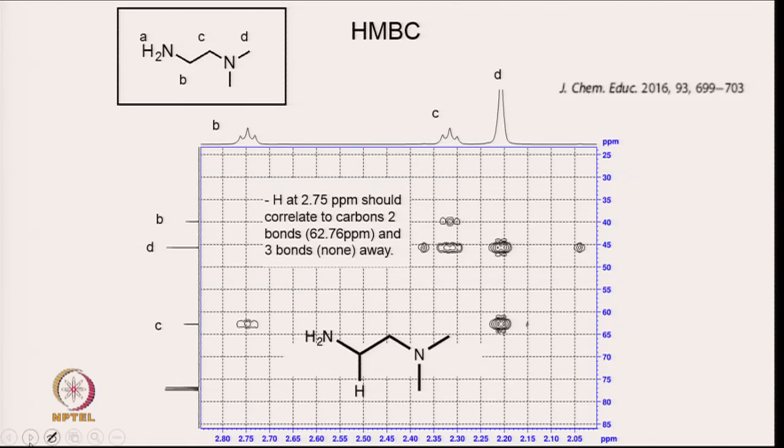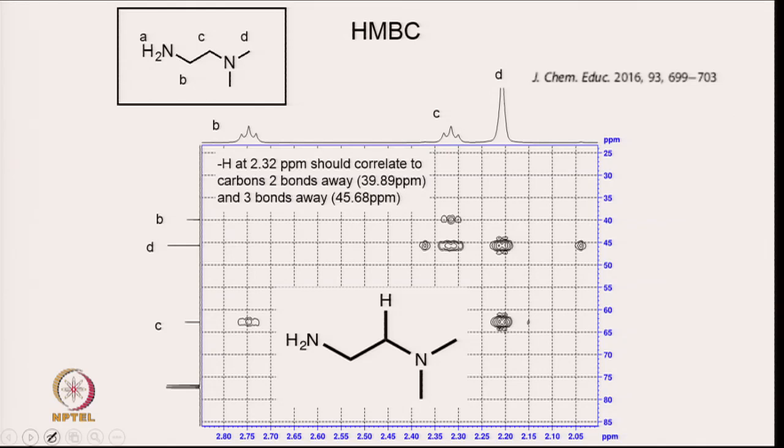Now you see this is your HMBC for this compound, your B, C, D. Now you can see that this C is correlated to B, since it is one bond apart.